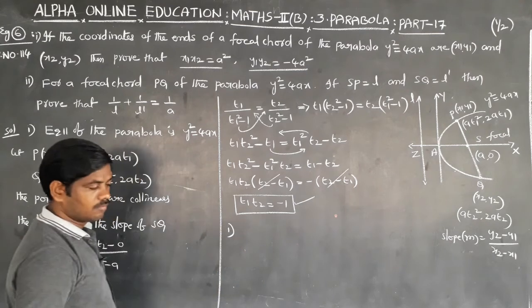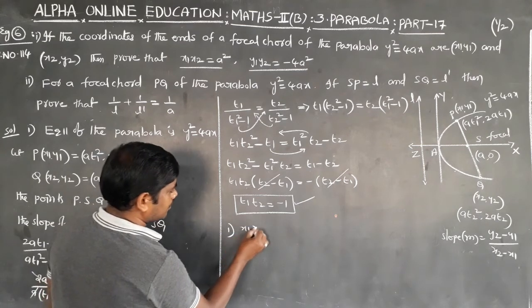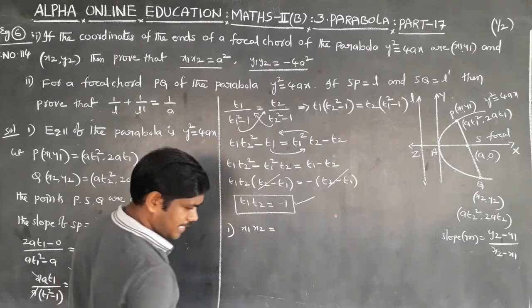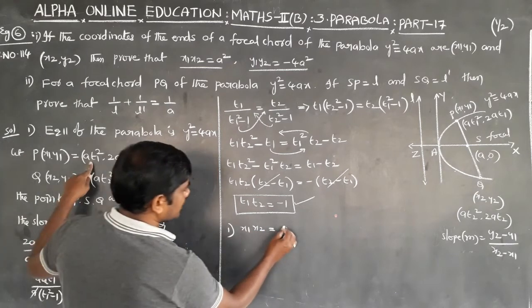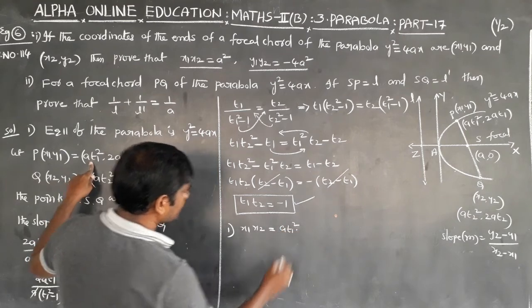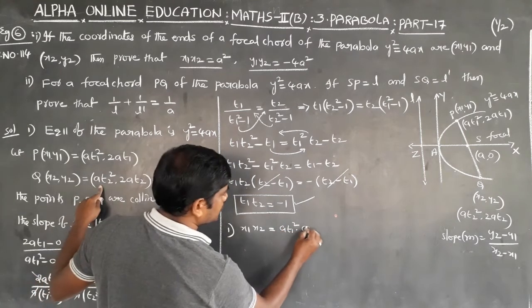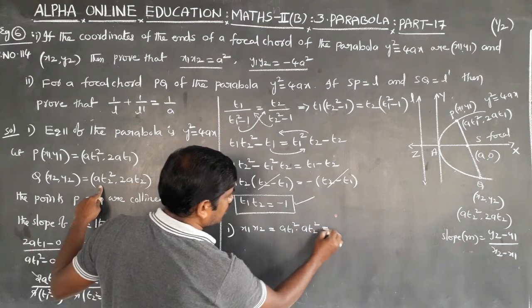First part, we prove that x1 x2: x1 is equal to a t1 square, x2 is equal to a t2 square.